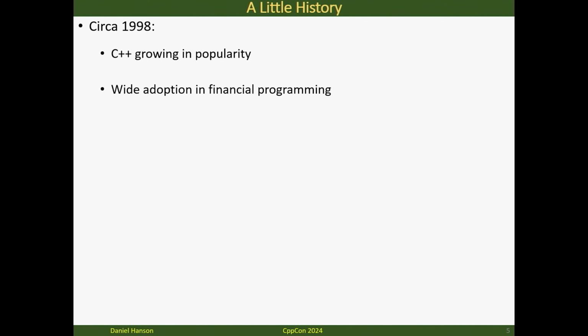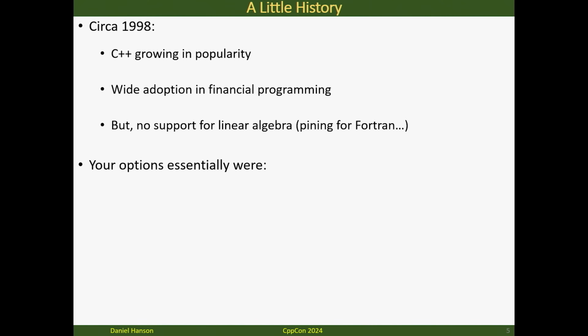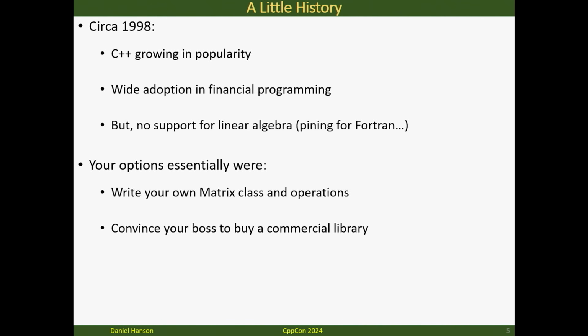But for those of us who were in quantitative programming, like option pricing models and risk management, that sort of thing, we found that there was no support for linear algebra. So that kind of left us pining for Fortran. Your options at the time essentially were, you could write your own matrix class and operations, or you could try to convince your boss to buy a commercial library.